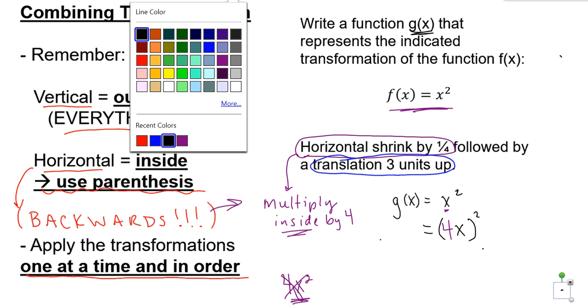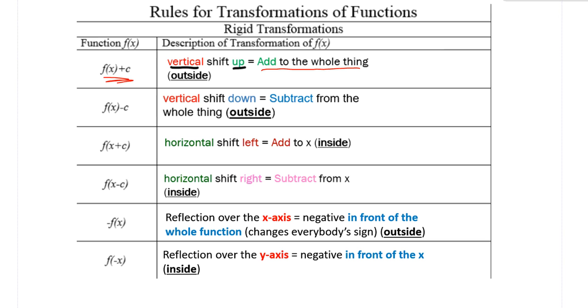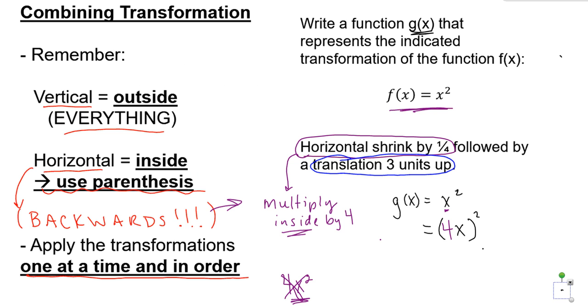Translation 3 units up. Okay, going back to our cheat sheet. We want to shift up, which means we need to add to the whole thing. Basically, here's my original function, and I have to add a number onto the end of it. So here's where I'm at right now. g of x equals parentheses 4x squared. I'm going up 3, so I'm going to throw a plus 3 out here on the end.